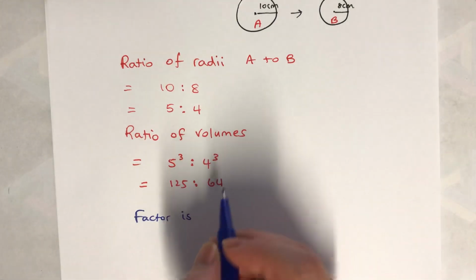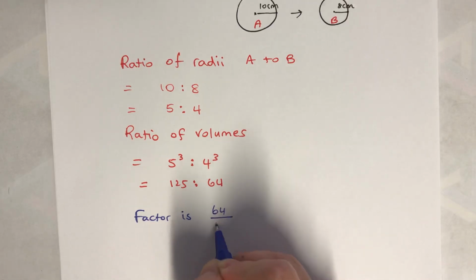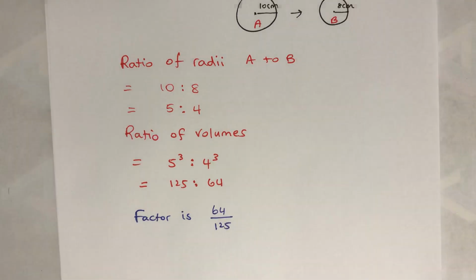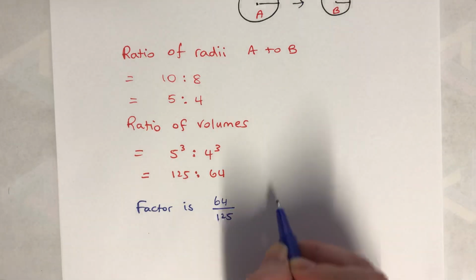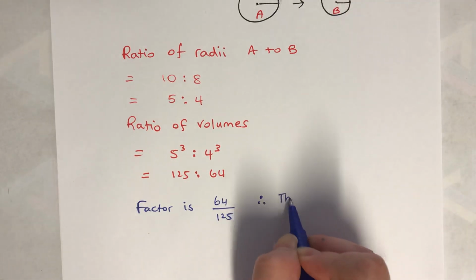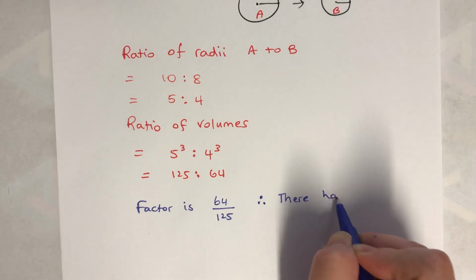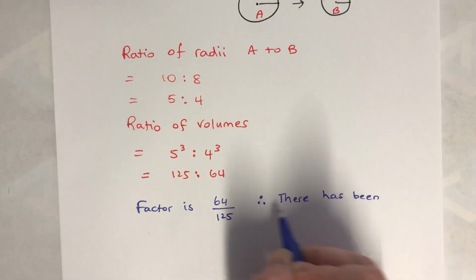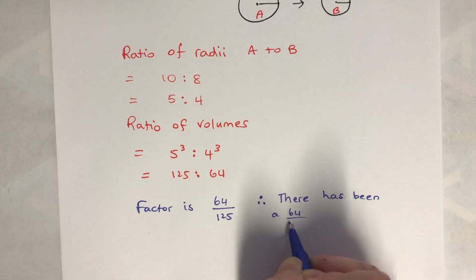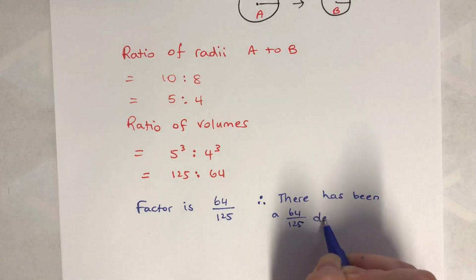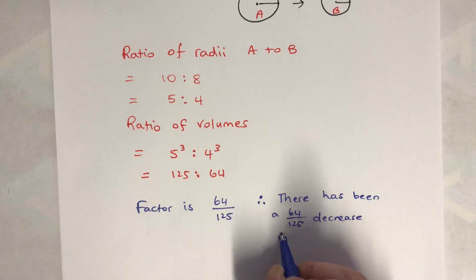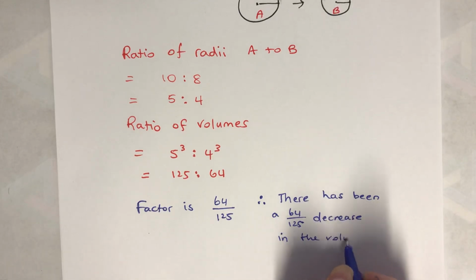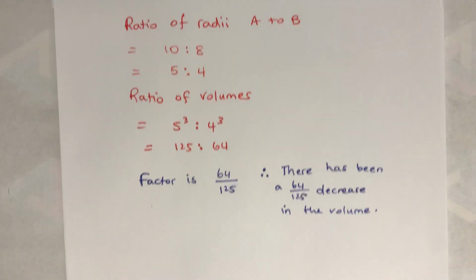So it should be 64 over 125, not 125 over 64, which would be an increase. So your answer is a decrease in the volume by a factor of 64 over 125.